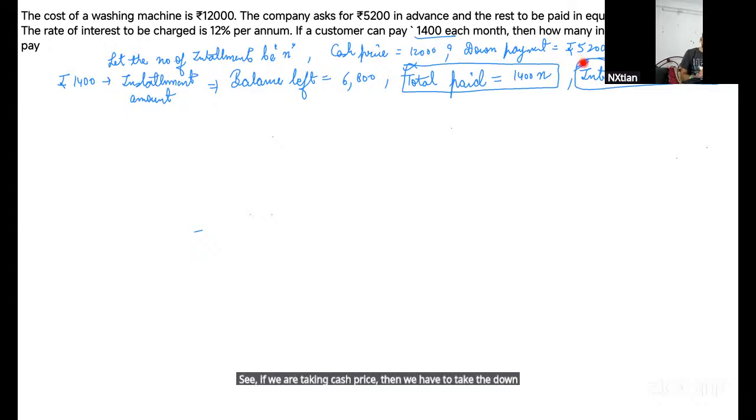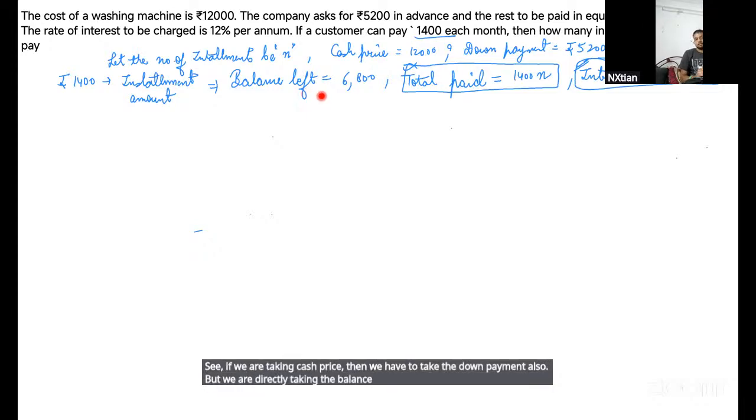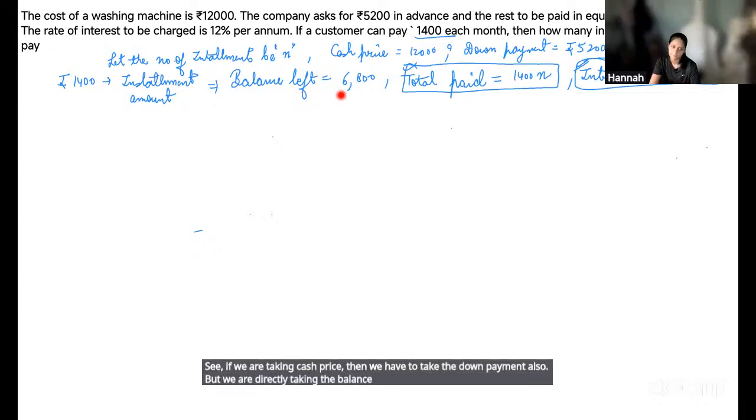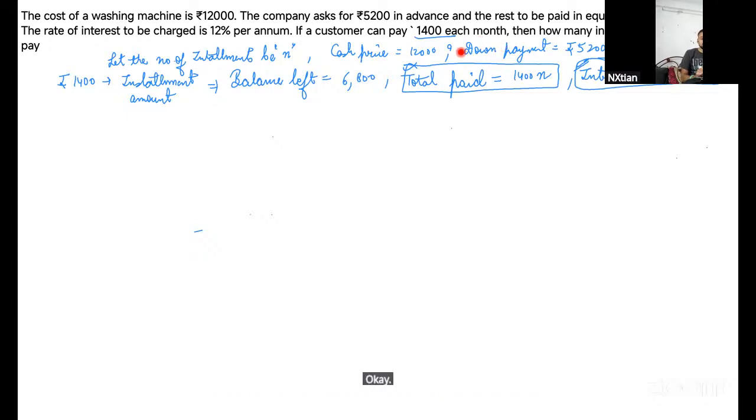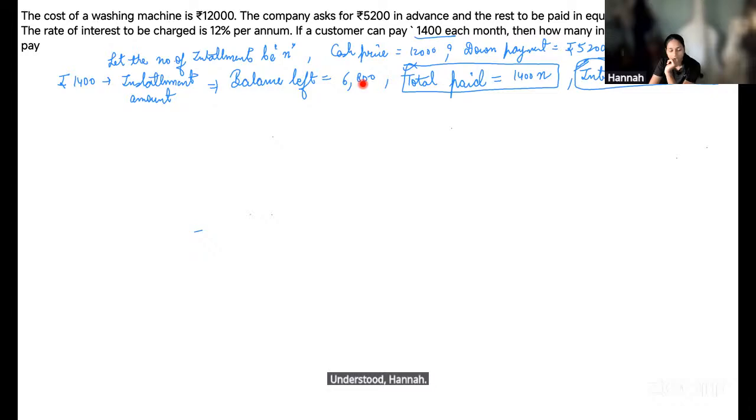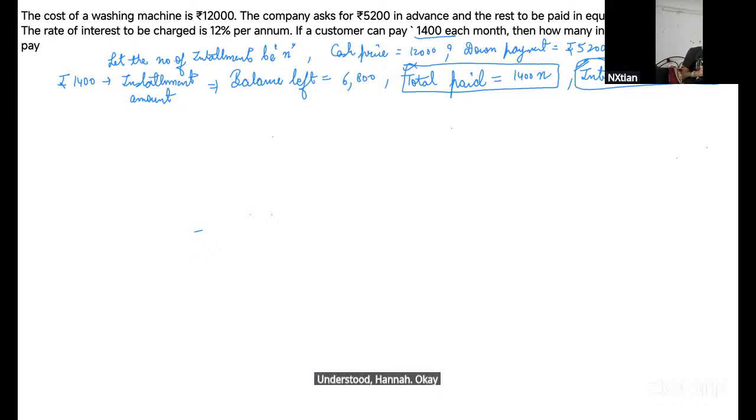But we are directly taking the balance left, which is 6,800. So it already means cash price minus down payment. So no need to take these two things. That whole thing is converted into the 6,800, which is the balance left. Understood, Hannah? Yes. Okay. Now this is the interest.